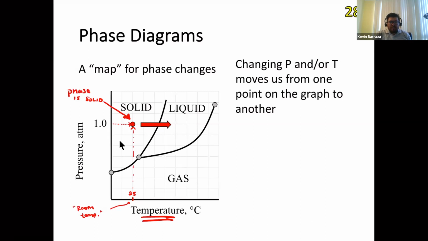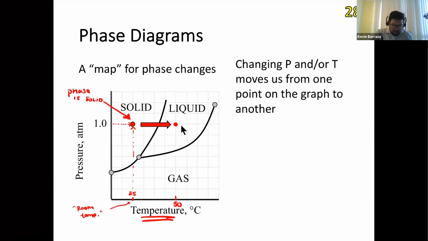So in other words, my conditions that made me solid before, normal pressure, normal temperature, I heat my substance, I'm now a liquid. And so this phase diagram helps us determine when we go through phase changes. We might say heat this to just an arbitrary number, 50. I didn't change my pressure, but I heated my temperature to 50, and we see that we've gone from the solid area to the liquid area.